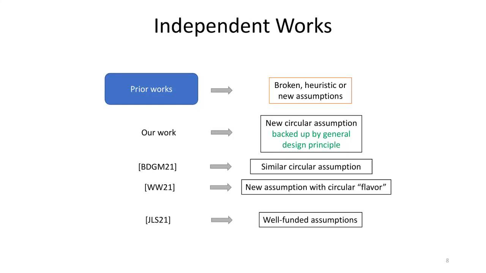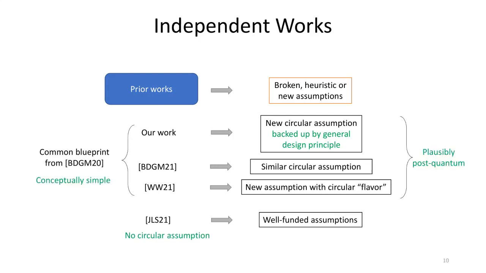Also, there's this groundbreaking work of Jain, Lin, and Sahai that builds I/O from well-founded assumptions. By this, I mean assumptions that were studied way before they were used to build I/O, that we can trust. In particular, this work has the advantage of not relying on any circular assumption.